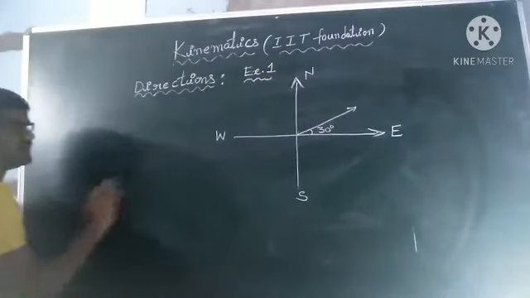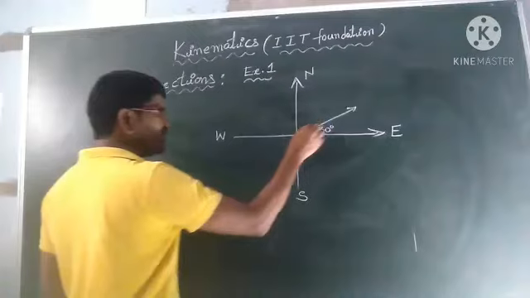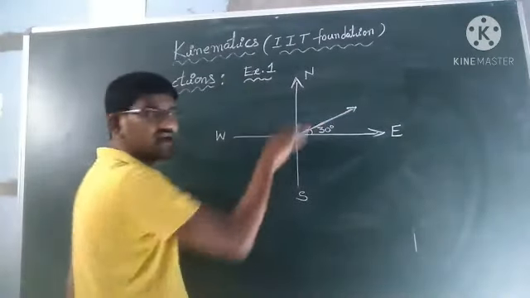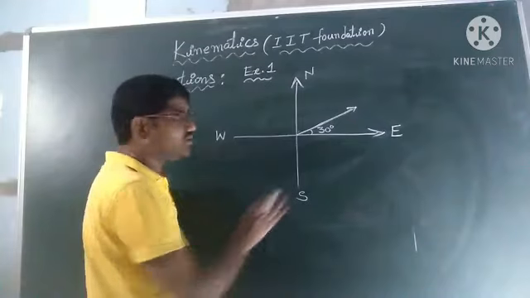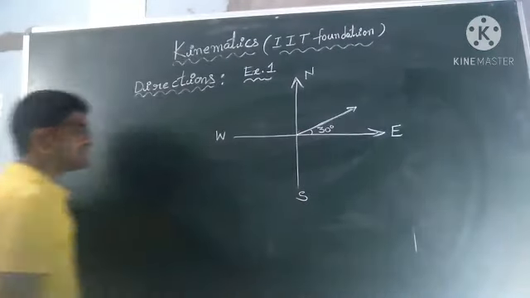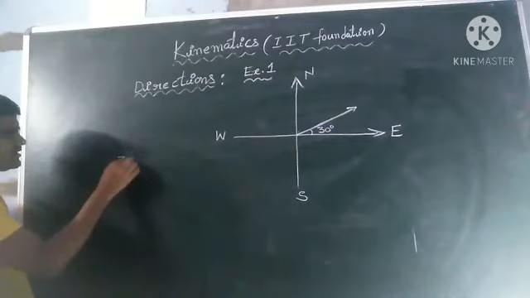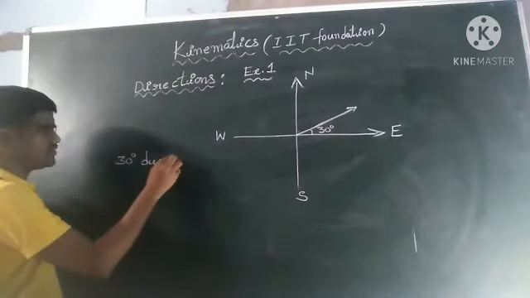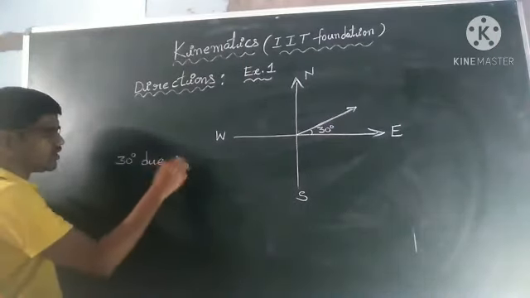So here, this is some displacement. This displacement is lying in the northeast, but it is not exactly lying there. So we can say it is at an angle like this, 30 degrees due north of east.